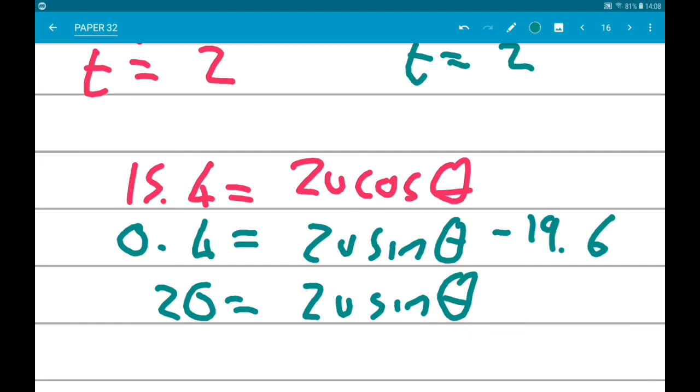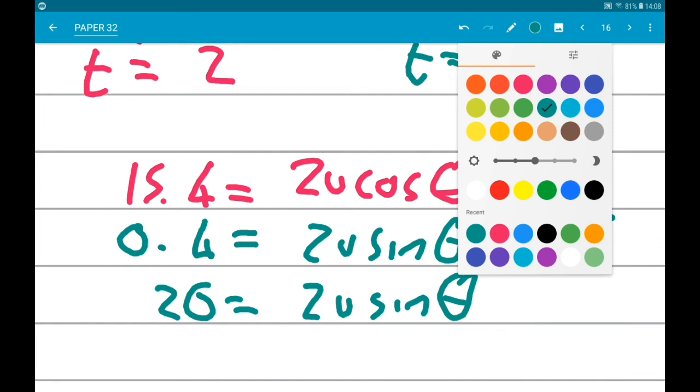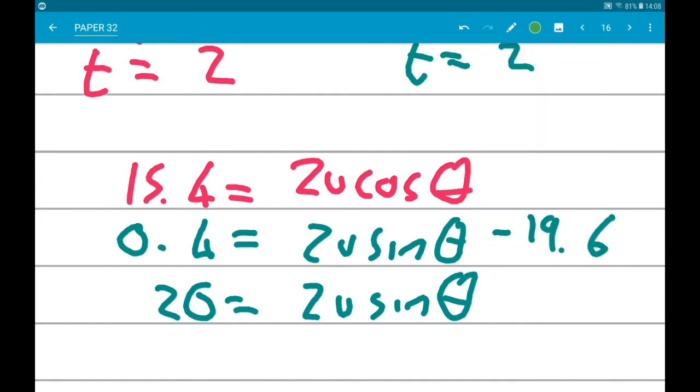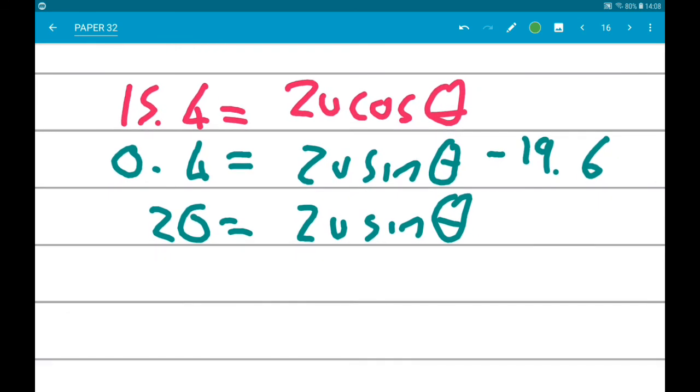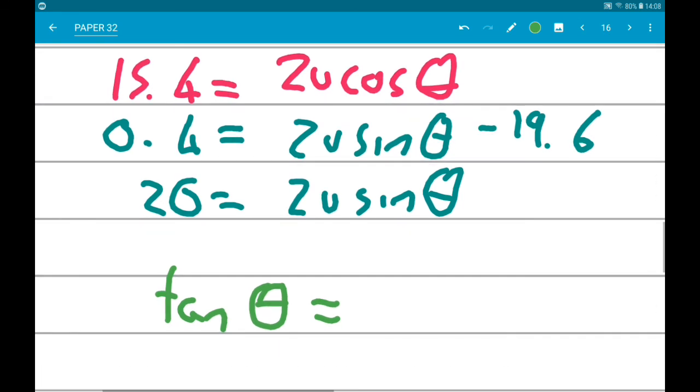And now the magic happens, because we can now do 2u sine theta divided by 2u cos theta, and that is going to give us tan theta as 20 over 15.4.